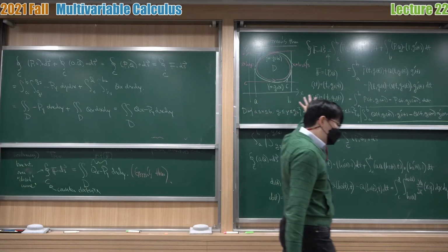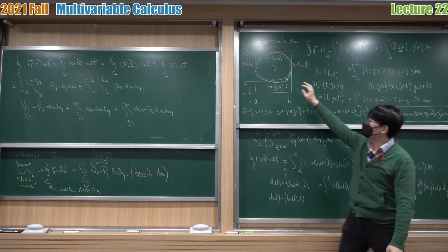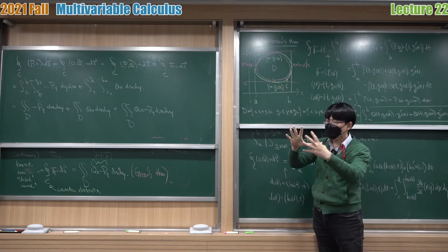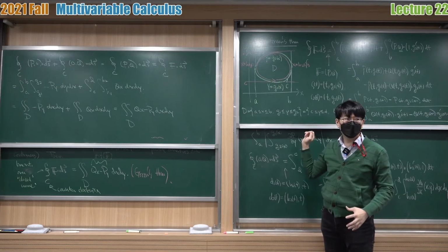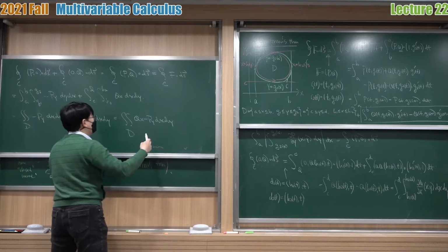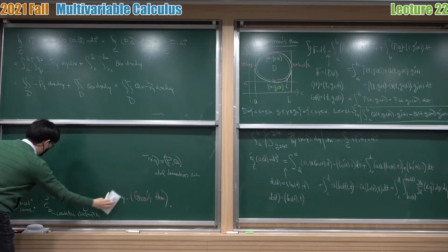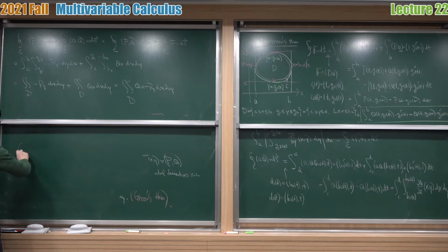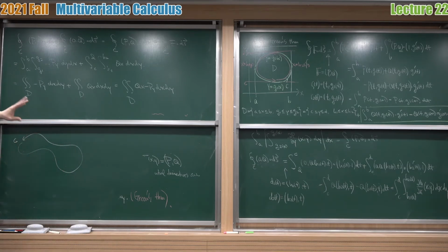Now there should be a question. This applies only to convex domains, which means domains that have two ways of description. But if you have a randomly shaped curve and the domain surrounded by that curve, like this one, you cannot directly use that proof.